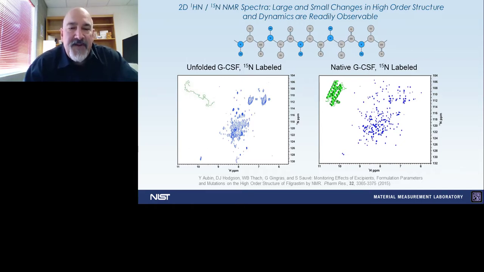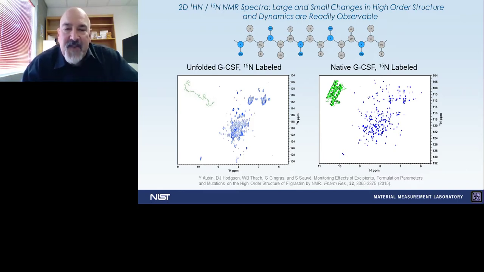For example, what you see here are two NMR spectra of the protein therapeutic called filgrastim, or GCSF. On the right-hand side is the NMR spectrum of the intact protein properly folded, and on the left-hand side is a spectrum of that same molecule, but in its unfolded state. So this is a rather extreme demonstration.